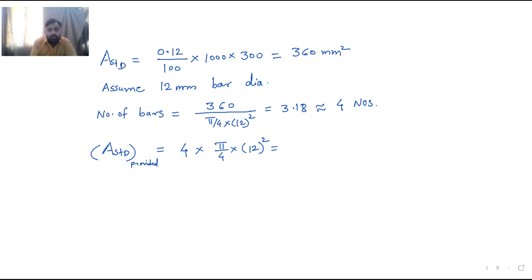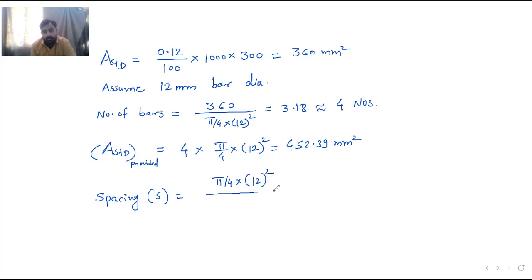It is 452.39 mm square. Now calculate the spacing of distribution steel. Spacing S is equal to pi by 4 into 12 square, area of single bar, divided by AST provided multiplied by width. So it is again 250 mm.